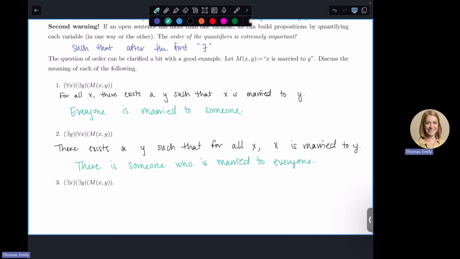Number three, there exists an X such that there exists a Y where X is married to Y. Yeah. There was someone married to someone.